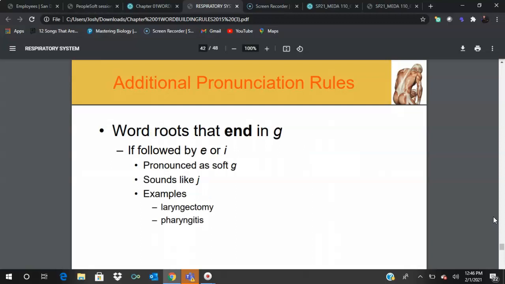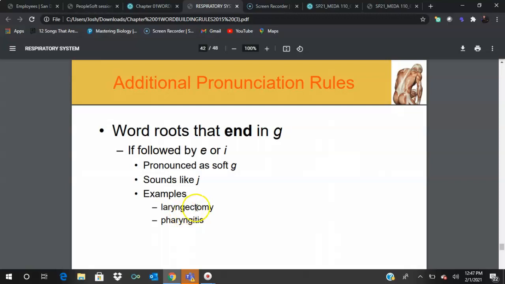This is a little bit less intuitive as well. If we have a G that is at the end of a word root, and that G is followed by an E or an I, then you're going to pronounce it as the soft G, which is actually the J sound. An example here is this word, laryngectomy.